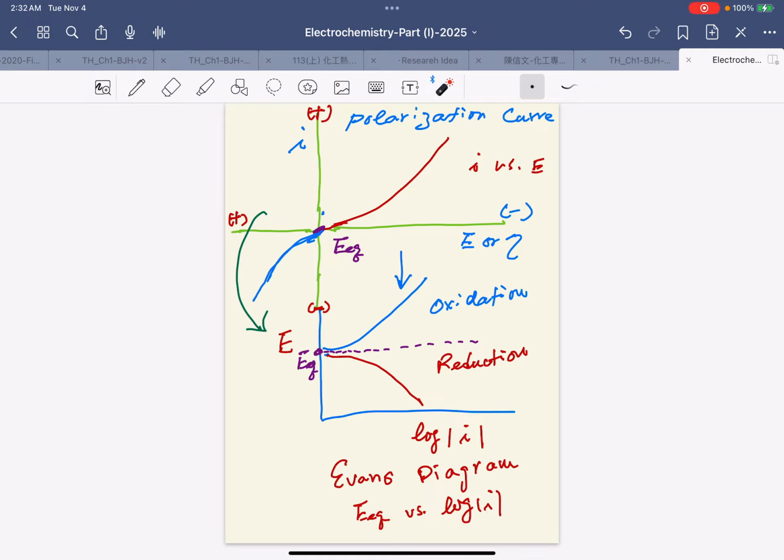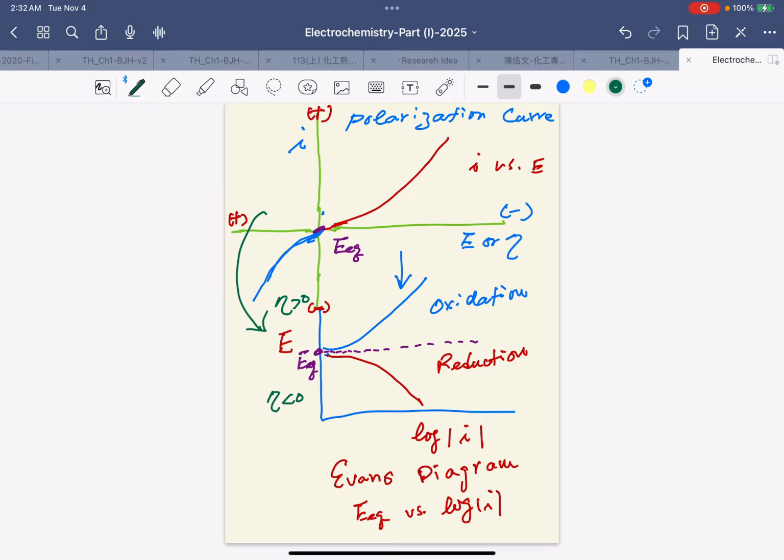So you can see if the potential is higher than the equilibrium potential, you will get the oxidation reaction. If the potential is lower than the equilibrium potential, you will get the reduction reaction. You also know this eta will be less than 0 in this region, and in this region eta will be larger than 0, by the definition of eta.